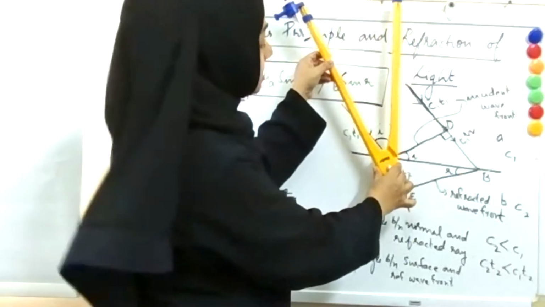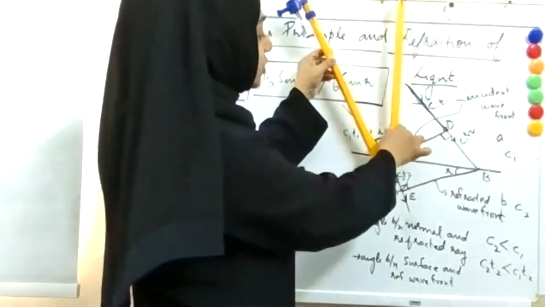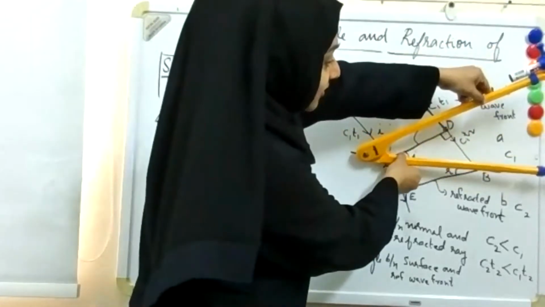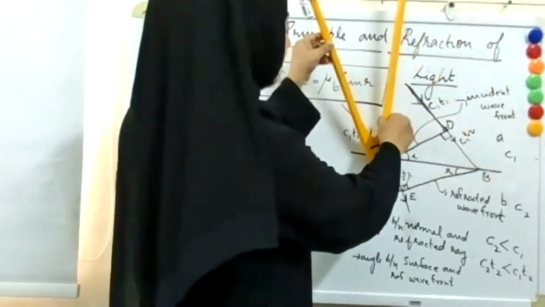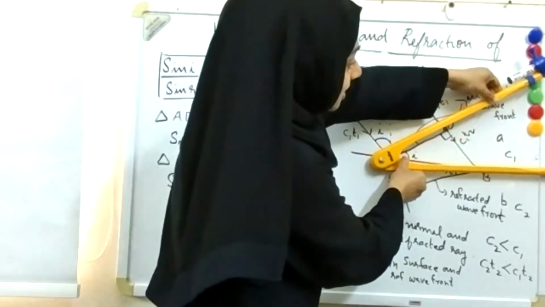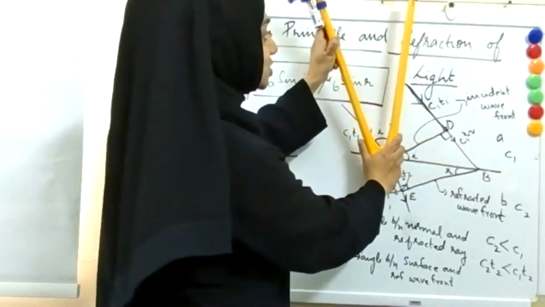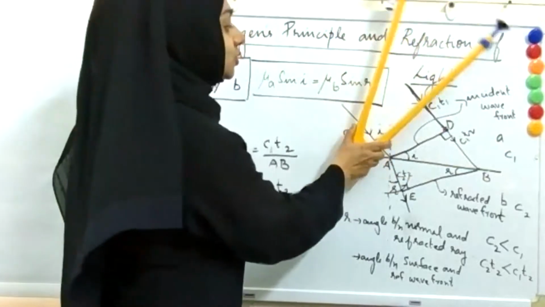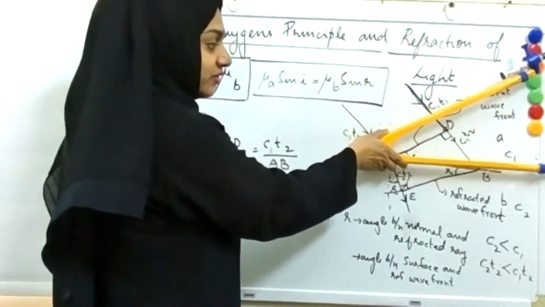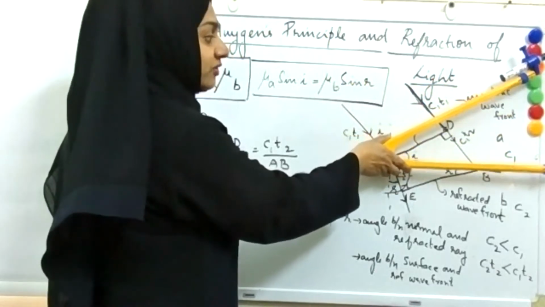Just I am taking like this. Now, if I rotate the normal through 90 degree, I will get the surface. And if I rotate this incident ray along 90 degree, I should get the incident wavefront. So if I rotate these two together to 90 degree, then I will get the angle between the surface and the incident wavefront.